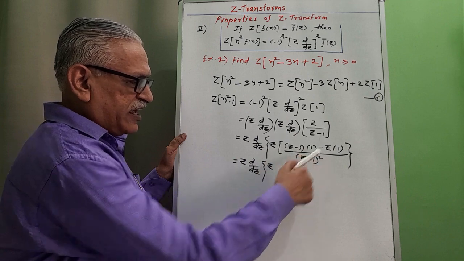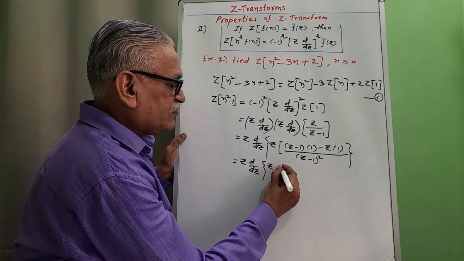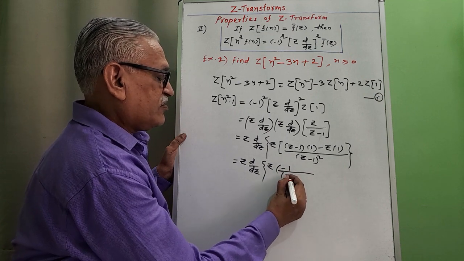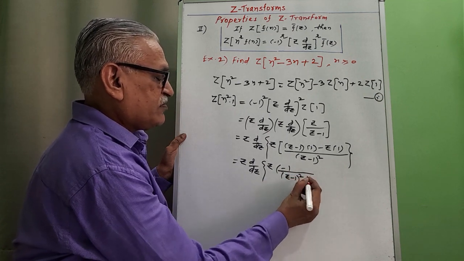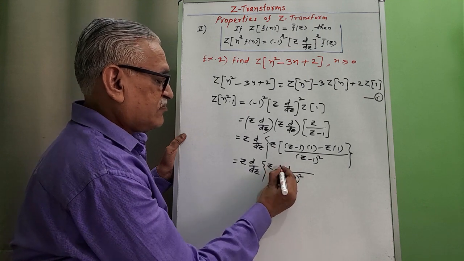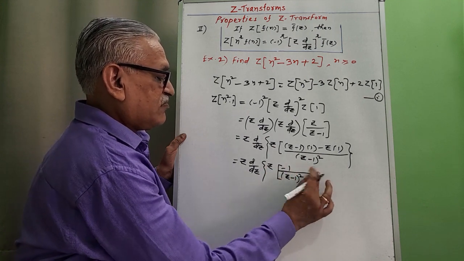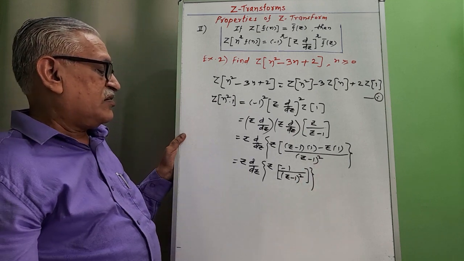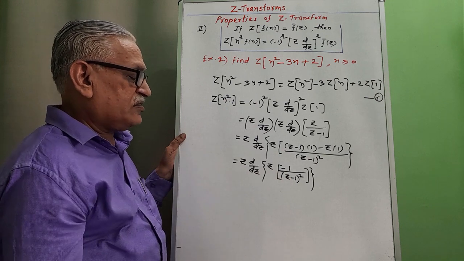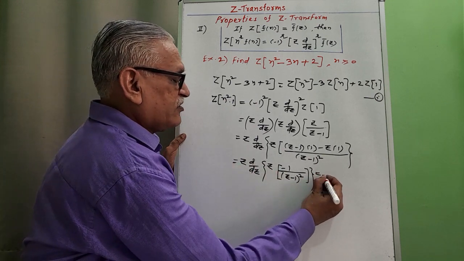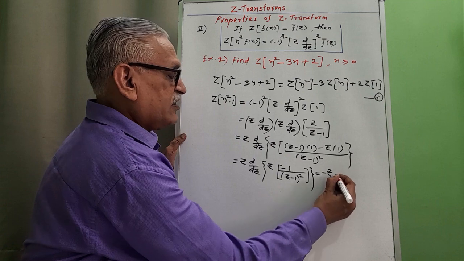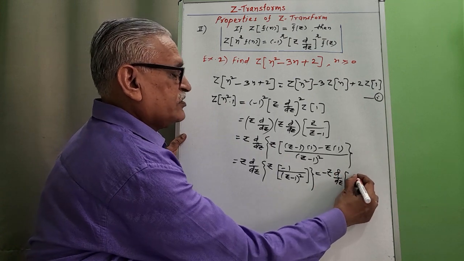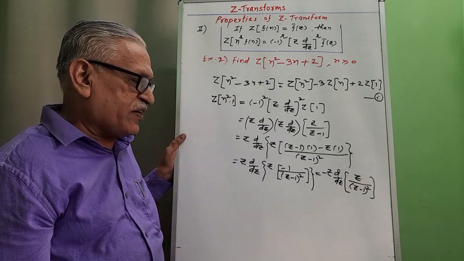Simplifying it, z cancelled. Minus 1 upon z minus 1 whole square. We take the minus sign outside, that is minus z d by dz of z upon z minus 1 whole square.